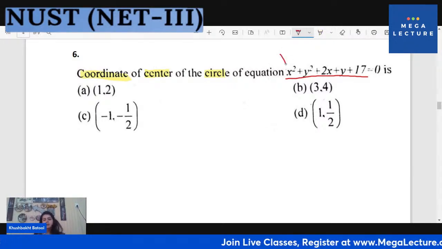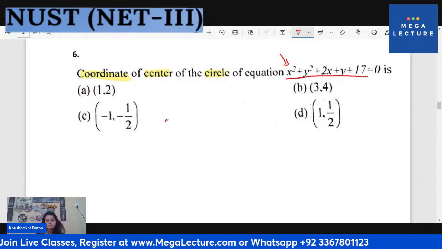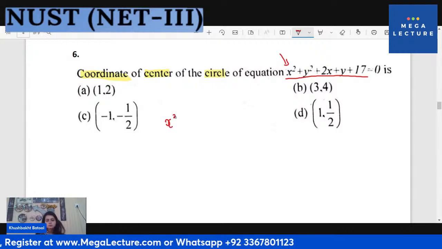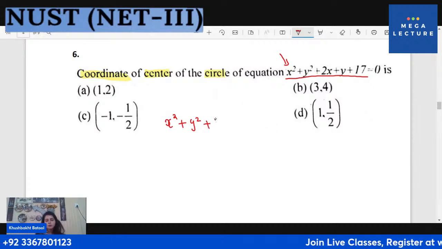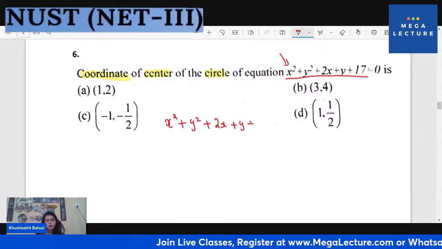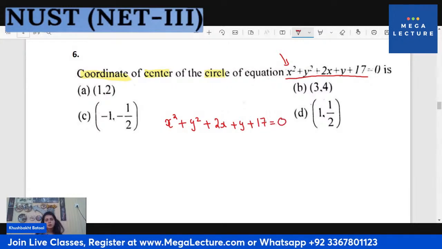By converting this equation into the general form. So it would be x squared plus y squared plus 2x plus y plus 17 equals 0.